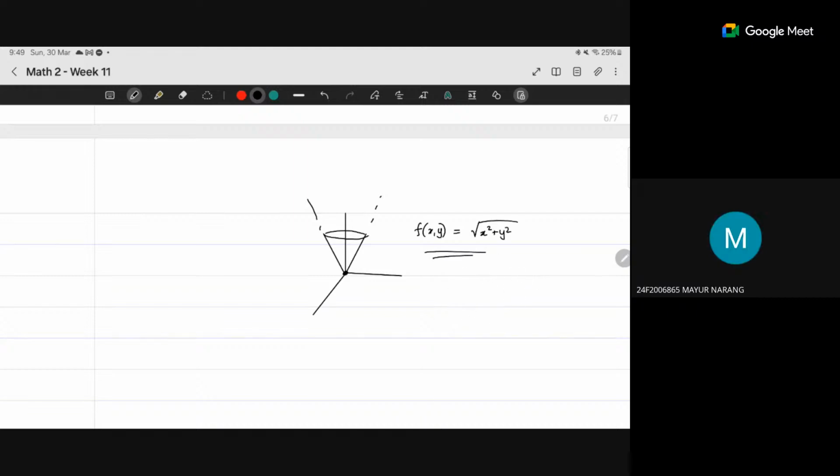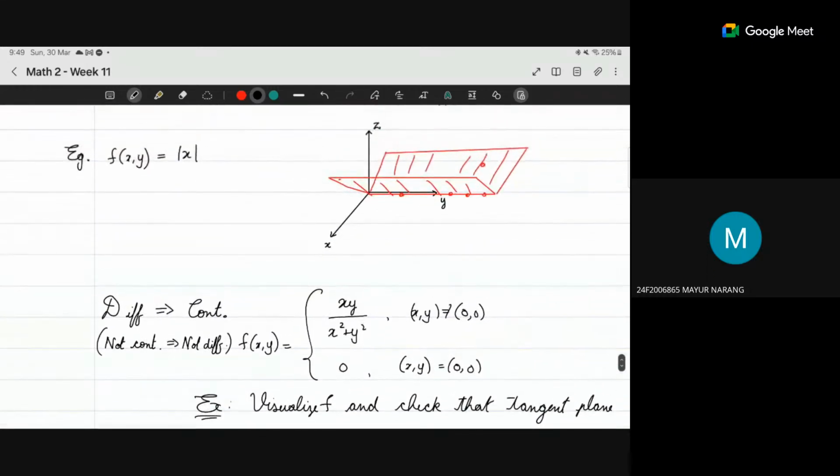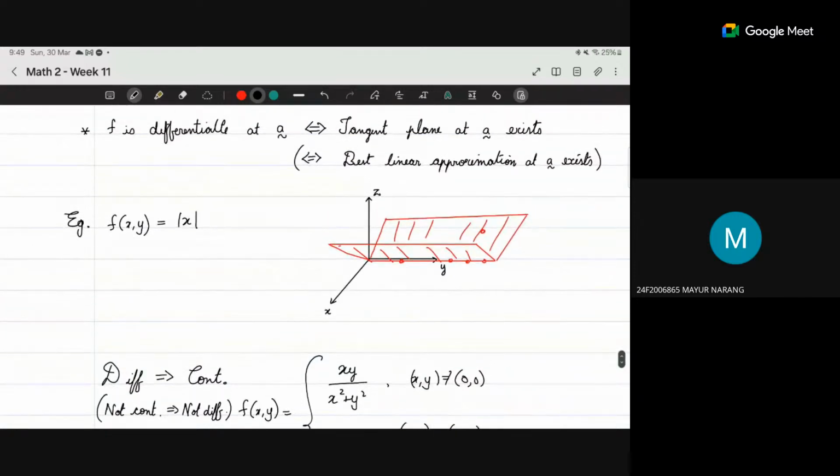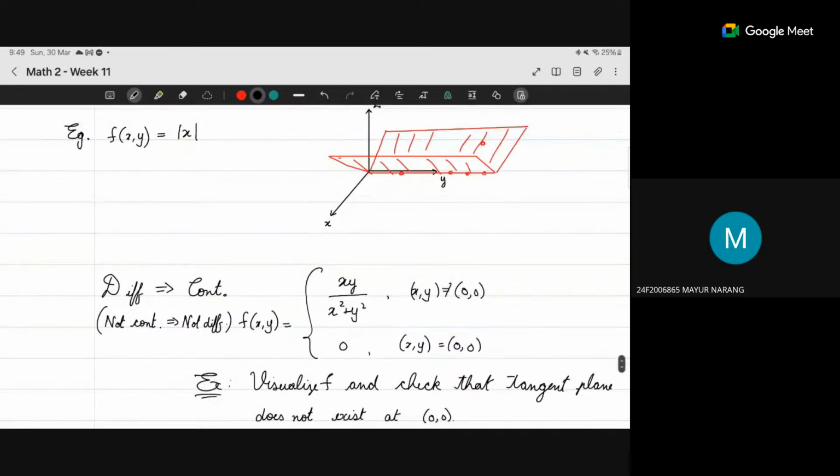Understood very well. But one thing, if it is not differentiable, then what would the answer be? If any function was given, then we have to just check whether the function is non-differentiable. Then what will the calculated value be? If you are asked whether something is differentiable or not, it will be simple to verify using either of these, is what I'm saying. You can either draw the graph easily and see that the tangent plane does not exist, or it will not be continuous in the first place.